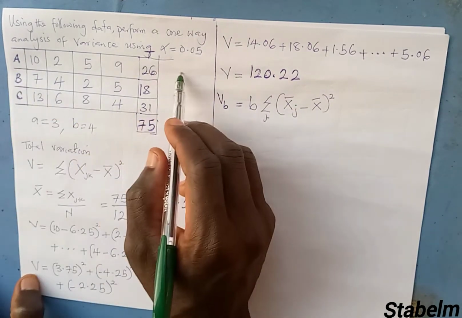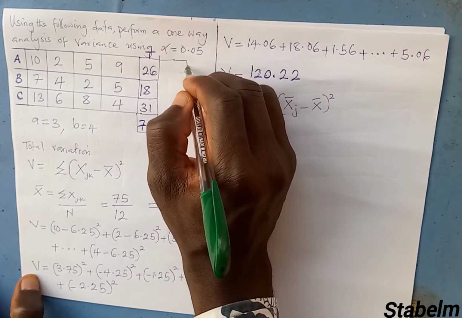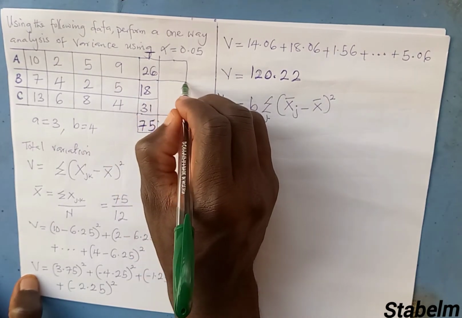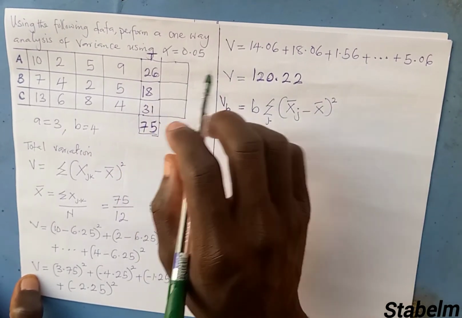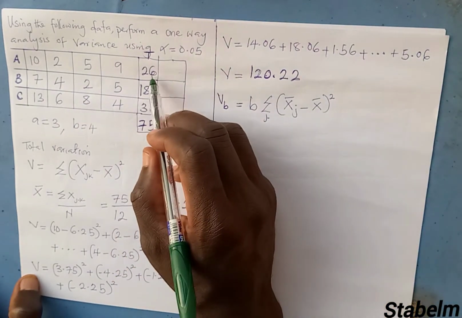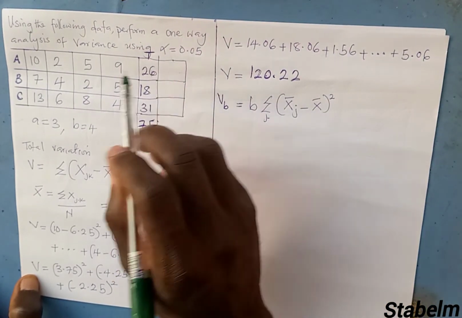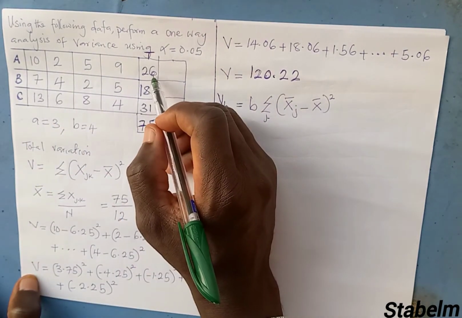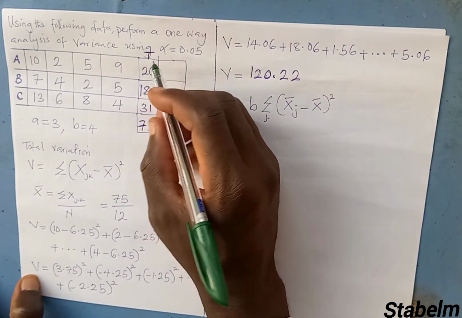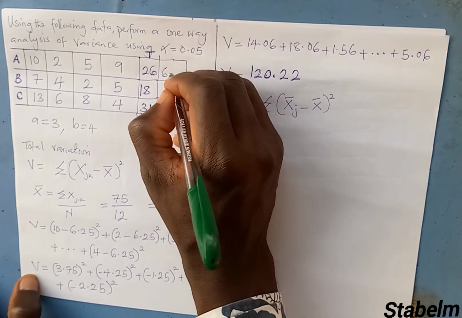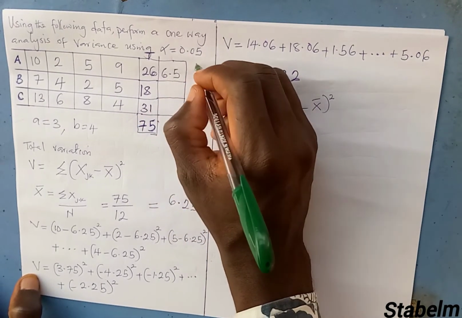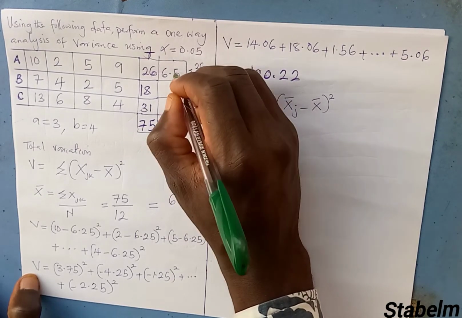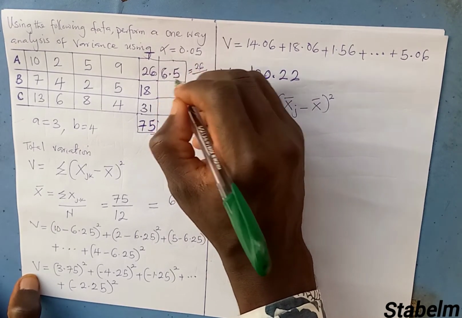Now for group A, we need the mean. The total here is 26, and for us to get the mean, we have how many observations? 1, 2, 3, 4. So definitely we are going to have 26 divided by 4, which gives us 6.5.